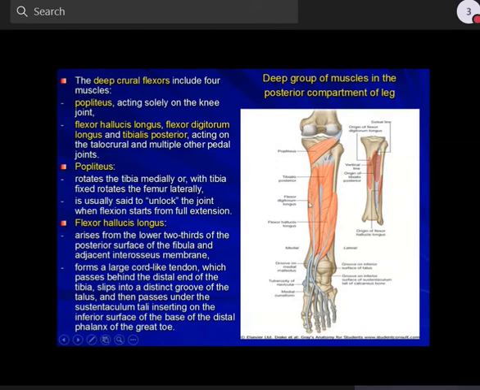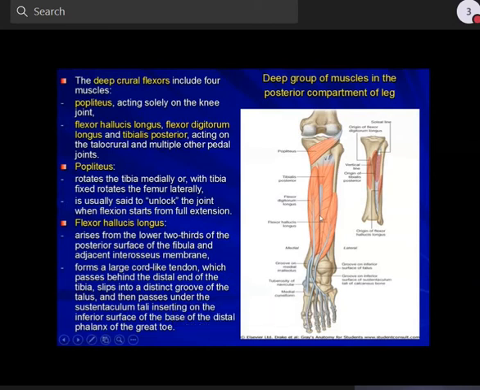So flexor digitorum longus is more superficial than the flexor hallucis longus. And the third muscle, deep flexor, the fourth one, is the tibialis posterior. The tibialis posterior, at the very beginning, is between flexor digitorum longus and flexor hallucis longus.